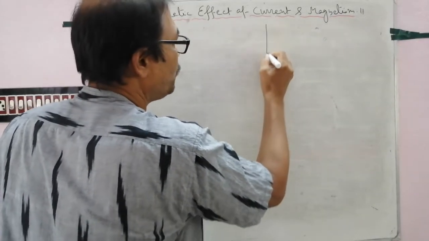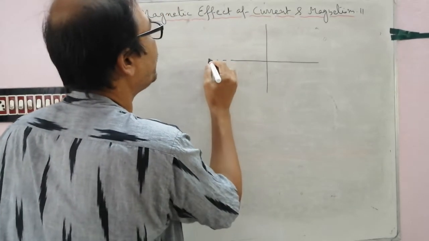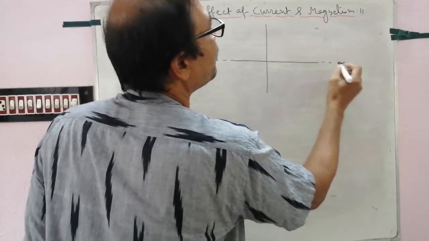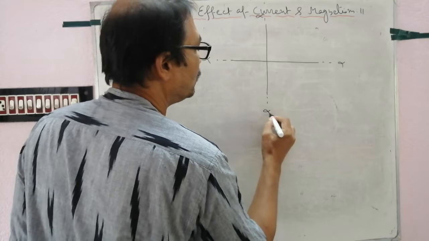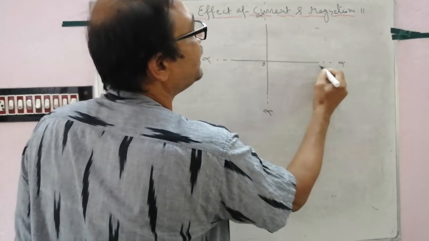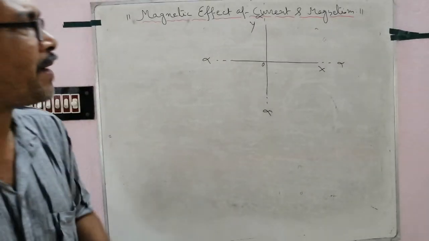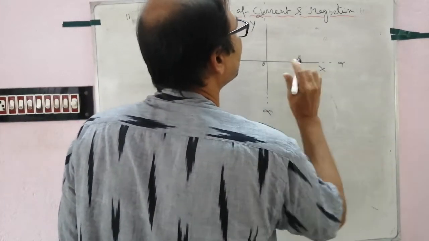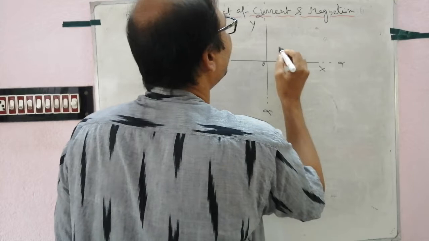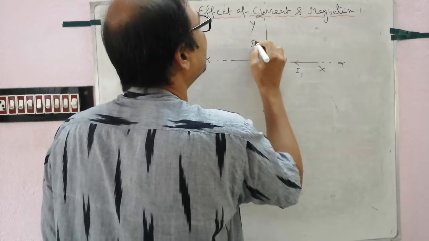Another problem: suppose two straight wires of infinite length, with O the origin, this is X, this is Y. The current is in this direction and in this direction. This is I1, this is I2.